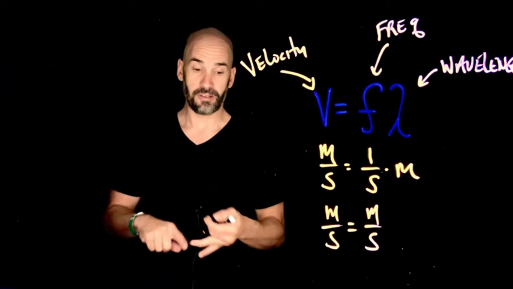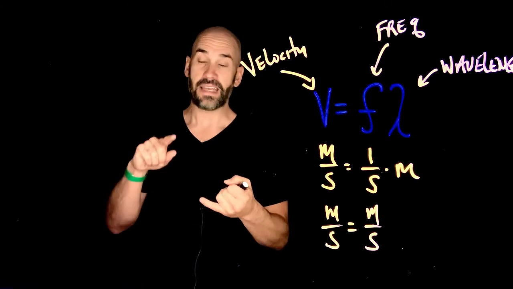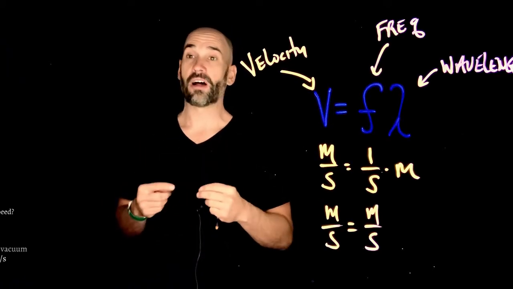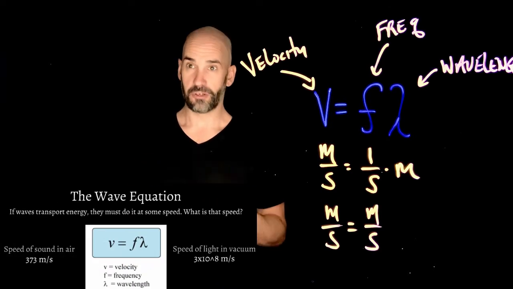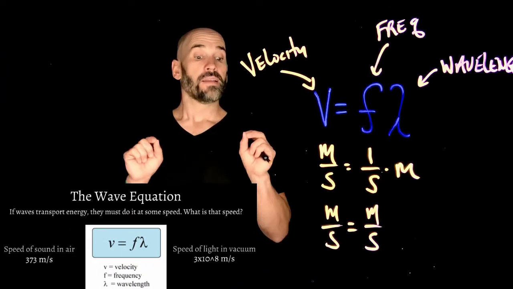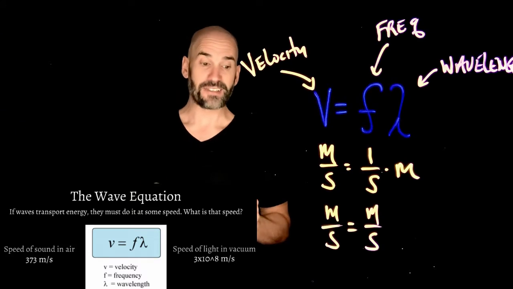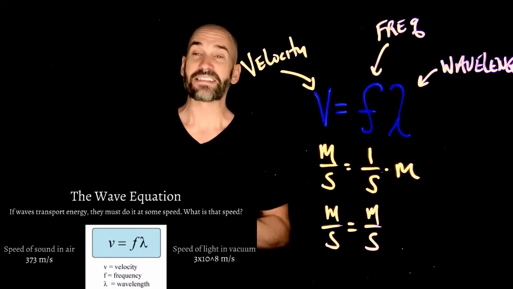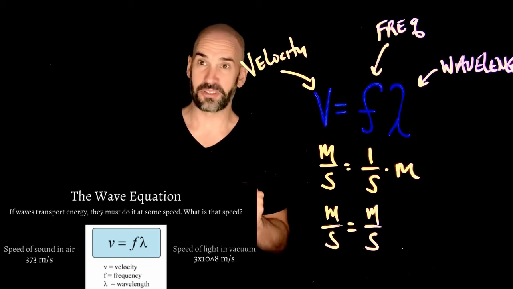sound and light. Okay, so the speed of sound in air at standard temperature and pressure is 373 meters per second. The speed of light in a vacuum is 3 times 10 to the 8 meters per second. That's astronomically, preposterously fast.